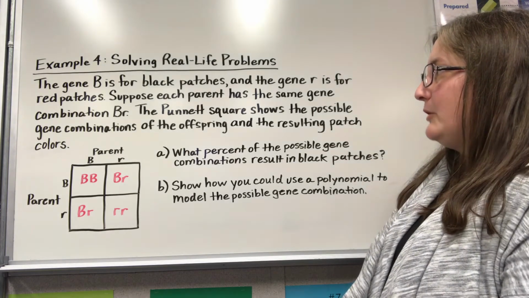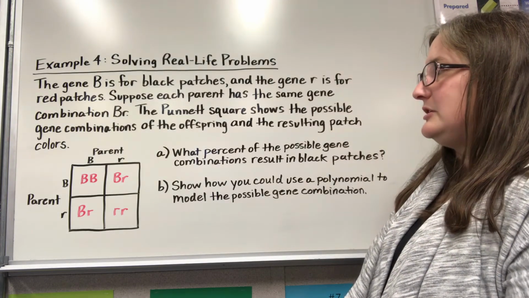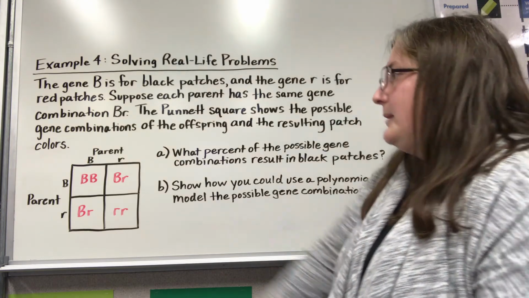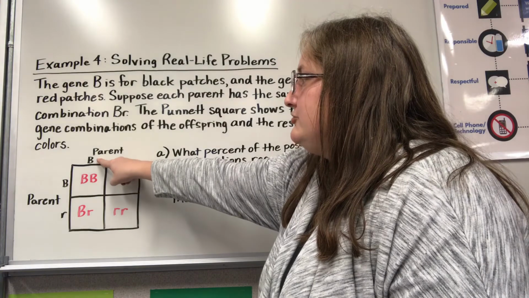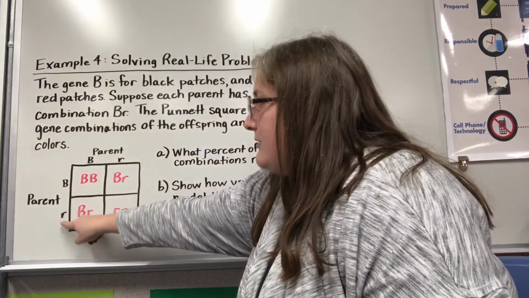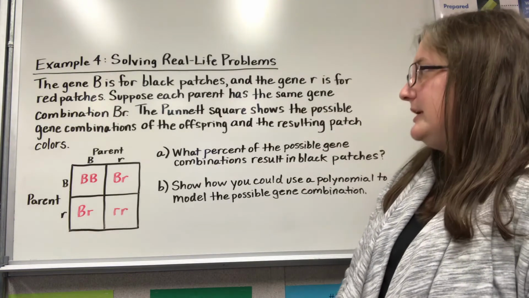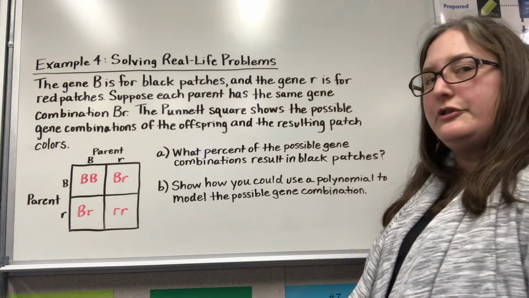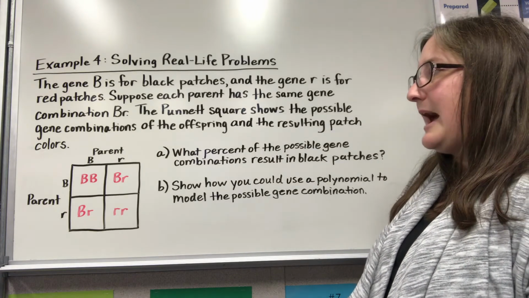And we're going to suppose that each parent here has the same gene combination, Br. They both have black patches, but they have the gene for black patches and one for red. Now the black one is dominant, so anytime that we have the capital B in our combination, the dog is going to end up with black patches.